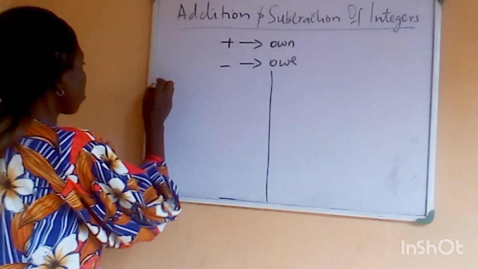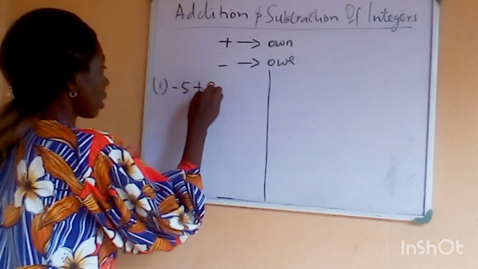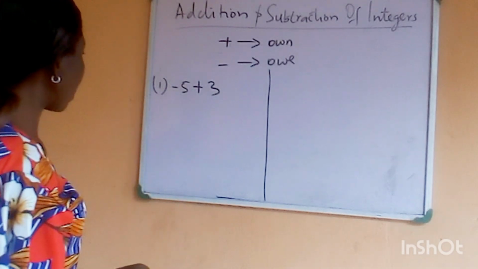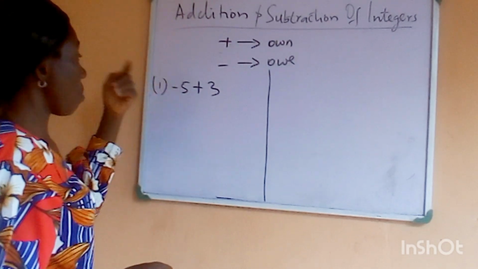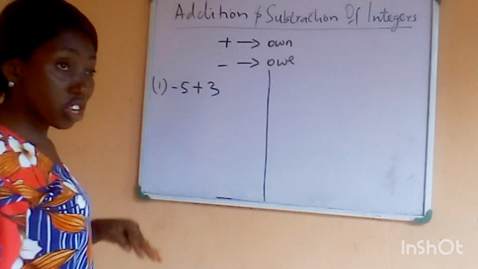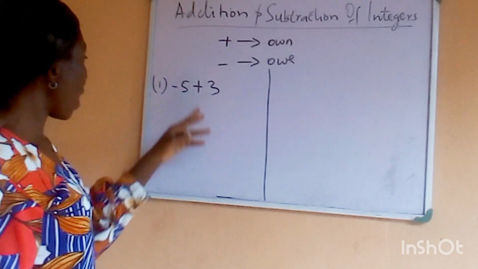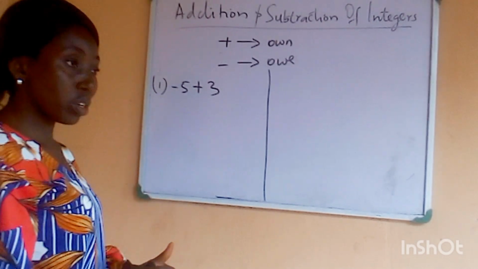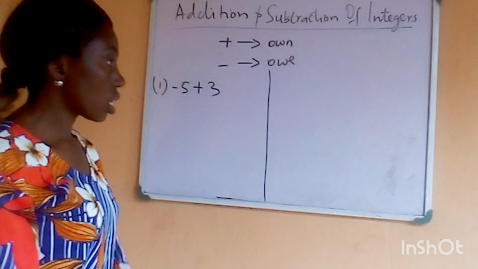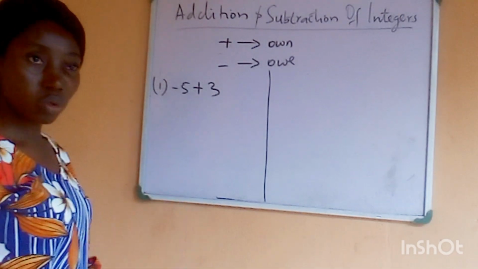If we have minus 5 plus 3, this shows that you are owing somebody. This minus 5 means you are owing, while plus 3 shows you have. Now assuming you are owing somebody 5 oranges and you have 3 oranges, what will you do?